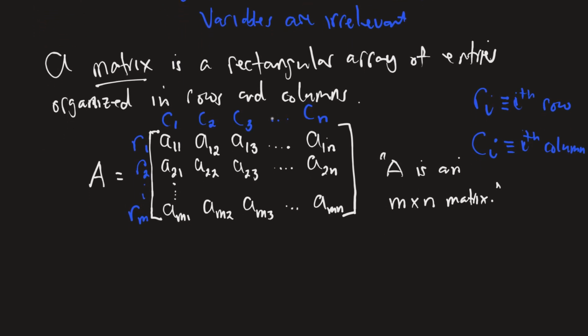So that's good. We can actually use the phrase data structure, because that's really what a matrix is. It's just a way of keeping track of lots of data, organized in rows and columns, and there's a structure in how we index those rows and columns.